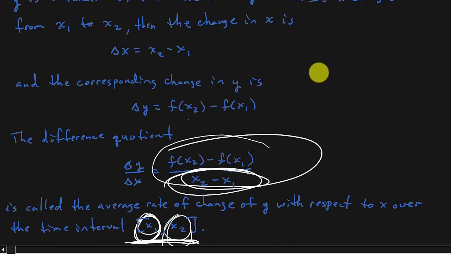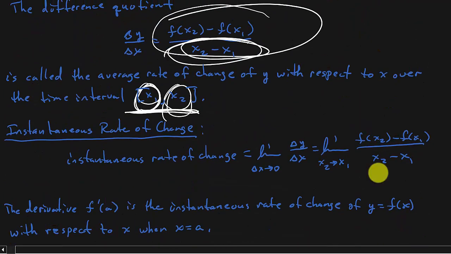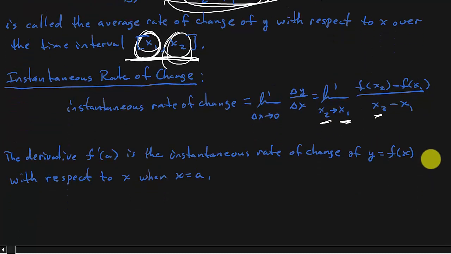Okay, and that's why x2 is approaching x1, to make that go to 0. Okay, and so the derivative f prime of a is the instantaneous rate of change of y equals f of x with respect to x when x equals a. All right, so finding the derivative, it's a rate of change.